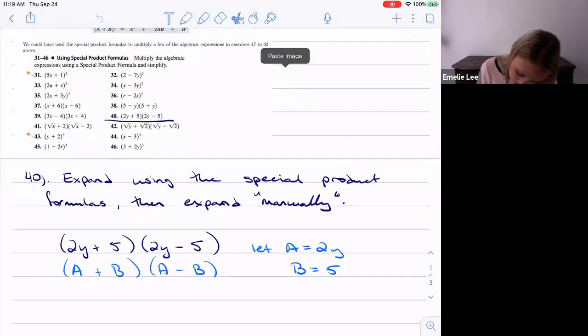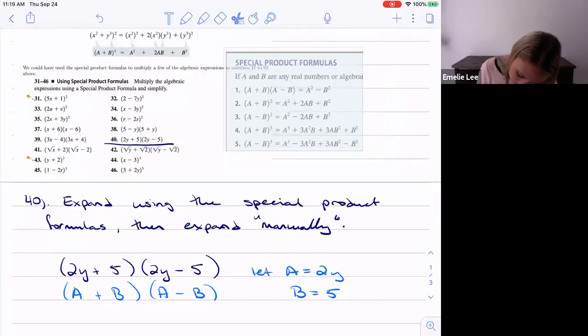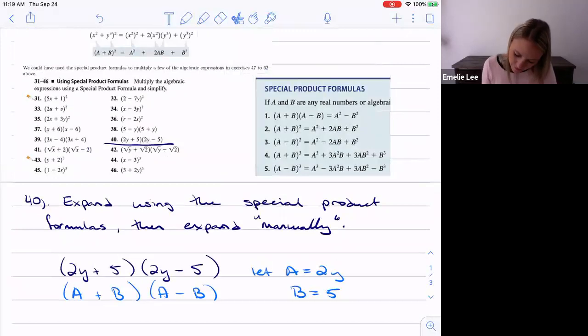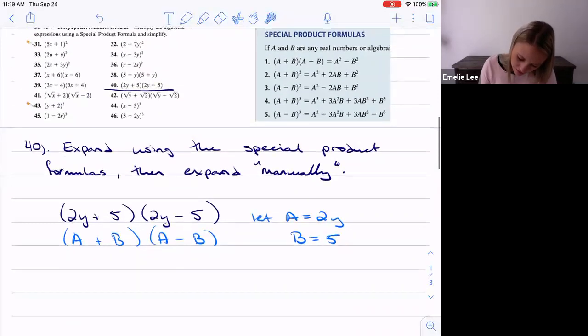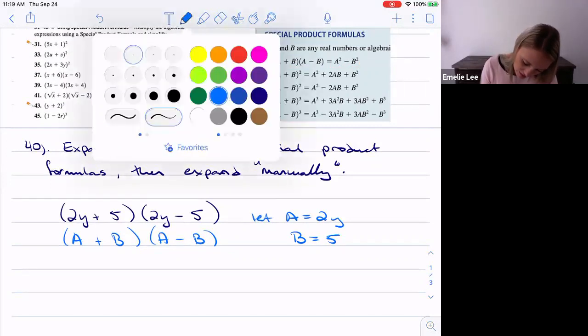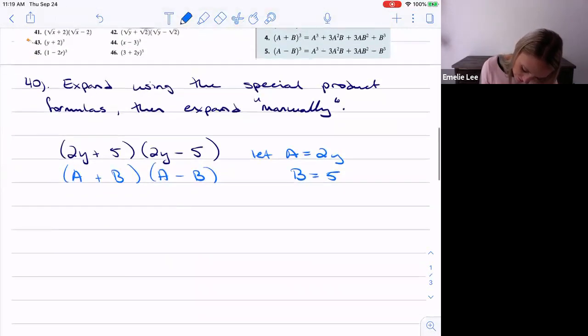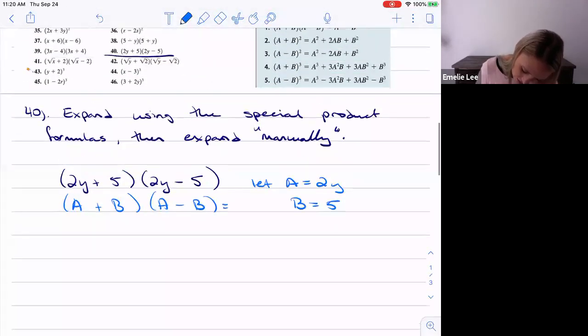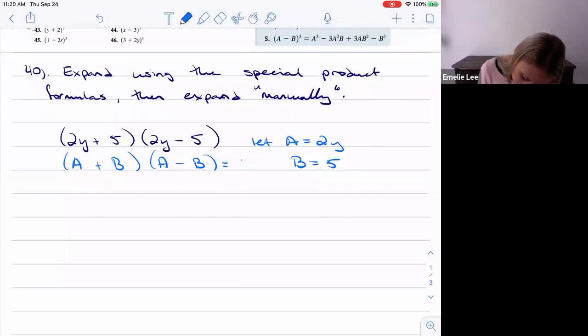Here, a plus b times a minus b is this first one. So if I'm expanding it out, it's going to simplify to a squared minus b squared. So then what I know is that this equals a squared minus b squared.